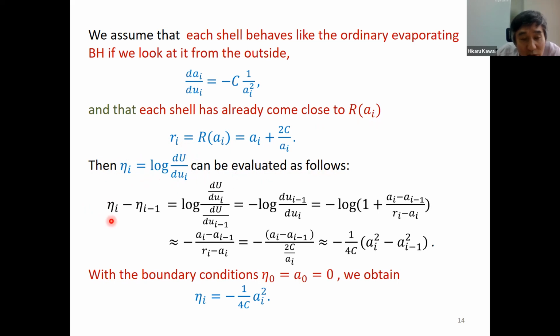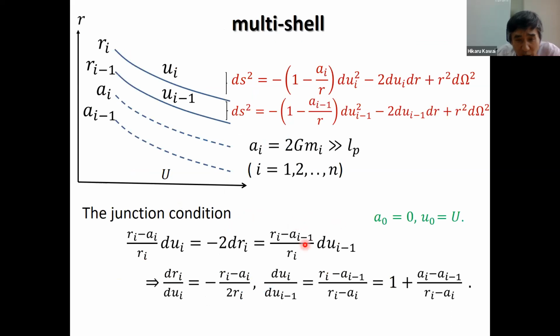If we take the difference eta i minus eta i minus 1, then by definition this is log of dU over dUi divided by dU over dUi minus 1. So dU cancels, and we have minus log of dUi minus 1 over dUi. But this ratio is given here: 1 plus Ai minus Ai minus 1 divided by Ri minus Ai.